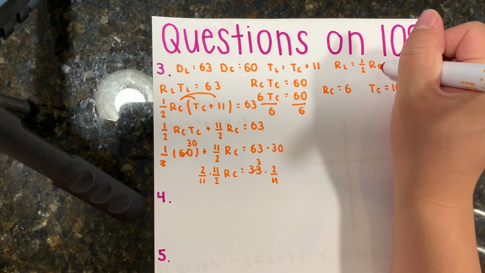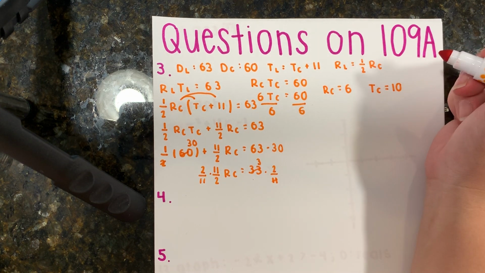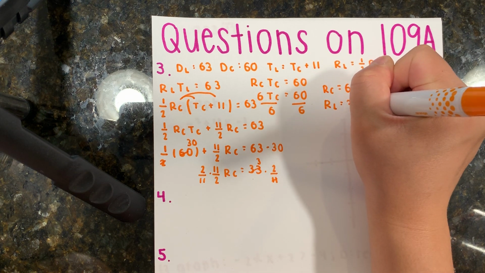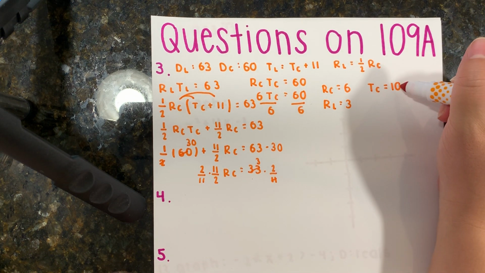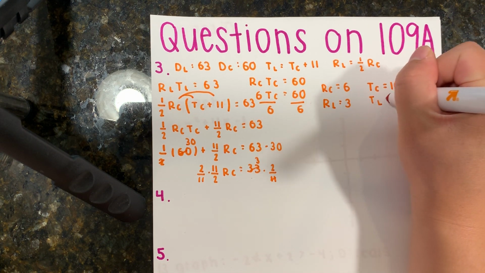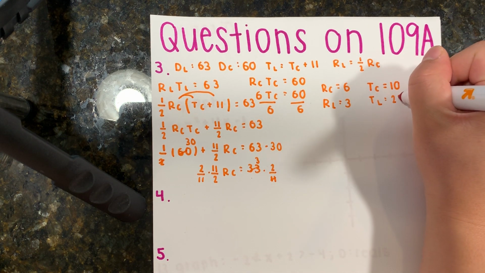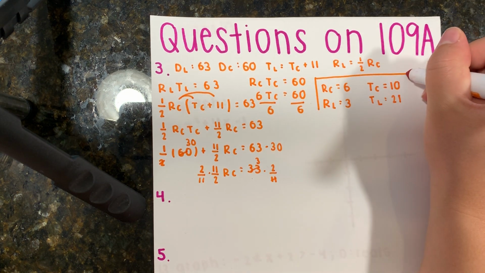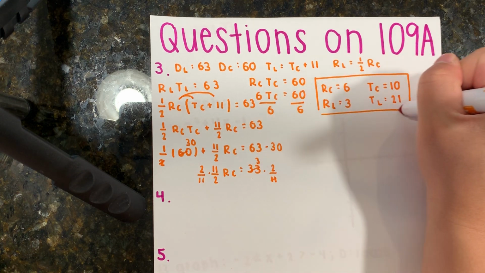Now, if RC is equal to 6, then RL is half of that, so RL is going to be equal to 3. And once I plug the TC into here, I know that TL is going to be 21, because 11 plus 10 is 21.